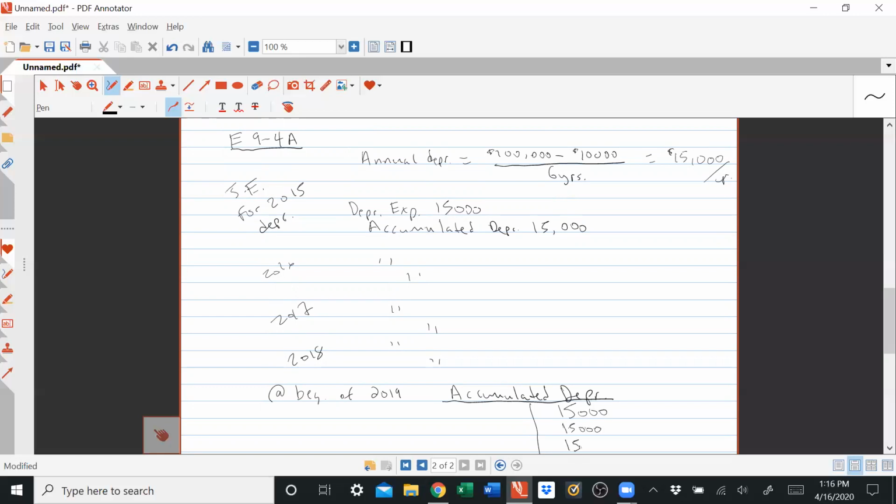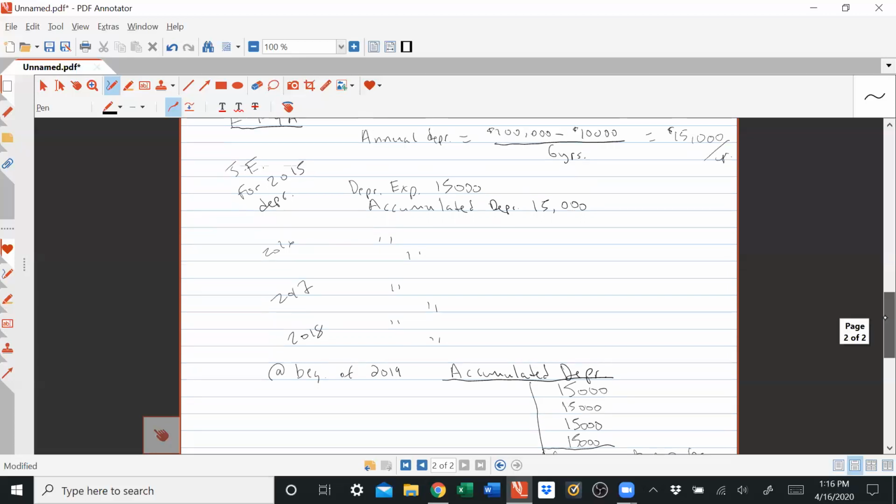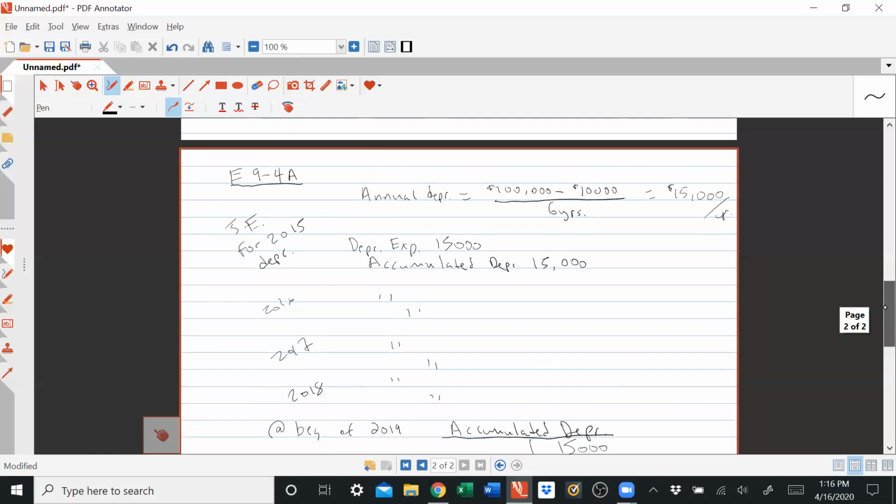At the end of 2017, we put 15,000. At the end of 2018, we put 15,000. So the balance at the beginning of 2019, or at the end of 2018, is 15,000 times 4. $60,000 is the balance in the accumulated depreciation account.